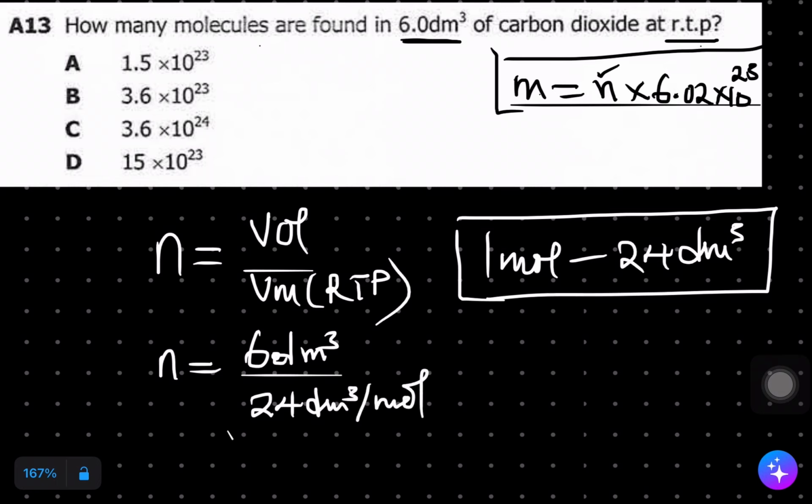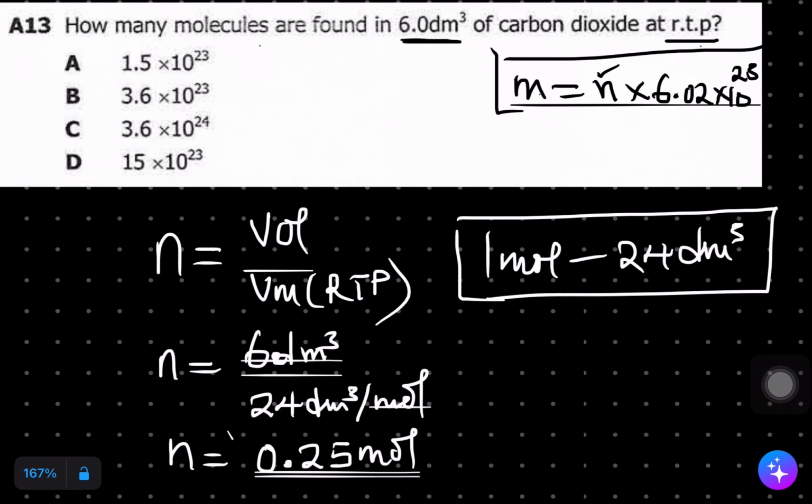The dm3 cancel, and 6 divided by 24 gives 0.25 moles.